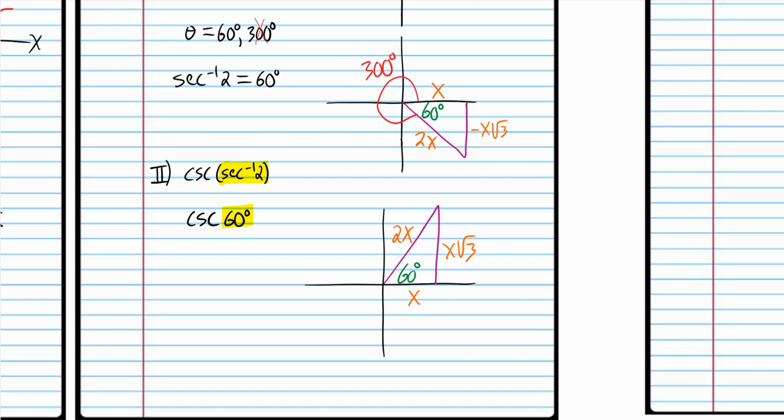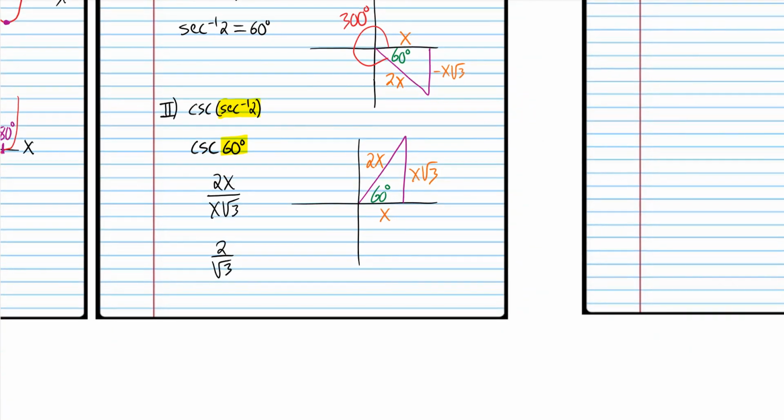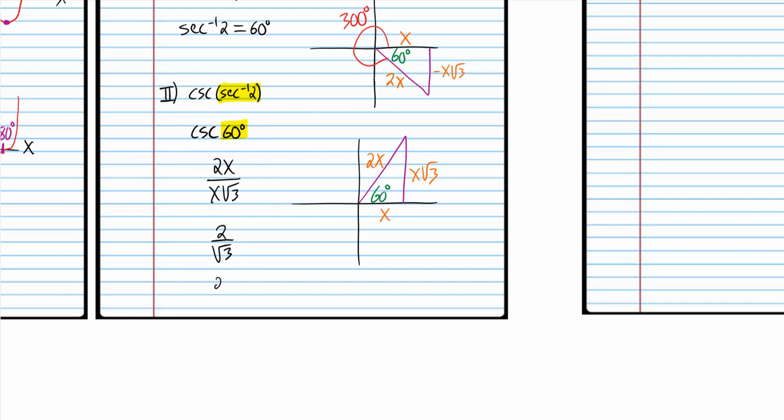Cosecant 60 degrees is the hypotenuse over the opposite side. X's cancel out, and we're left with 2 over root 3. Multiply both sides of that fraction by root 3, and we get 2 root 3 over 3. And there you go.